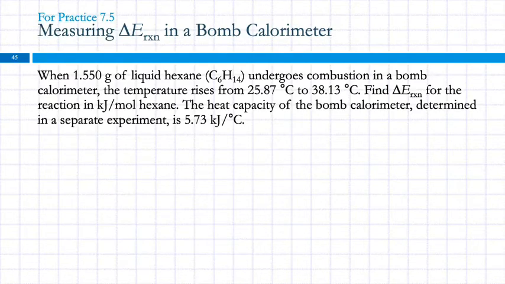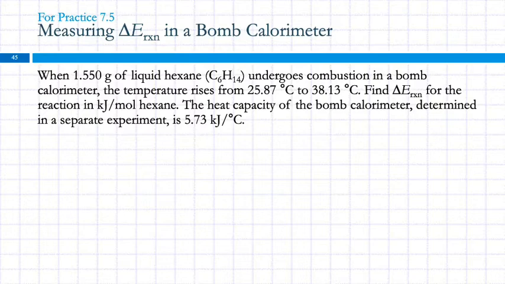So here's a bomb calorimeter problem. When 1.550 grams of liquid hexane undergoes combustion in a bomb calorimeter, the temperature rises from 25.87 to 38.13 degrees Celsius. This is a fancy piece of equipment, and so we use a better thermometer in here. It's not just one of those glass ones. It's going to have better precision.